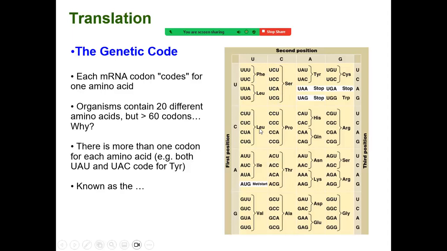So that means there are more than one codon for many of the amino acids. And this is known as degeneracy of the genetic code, where more than one codon can code for the same amino acid.